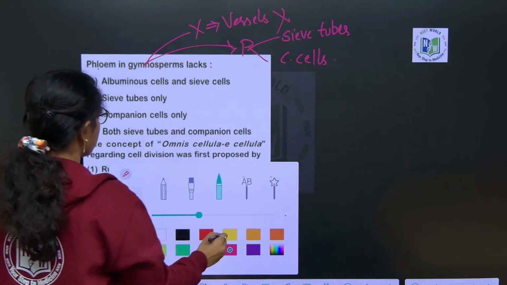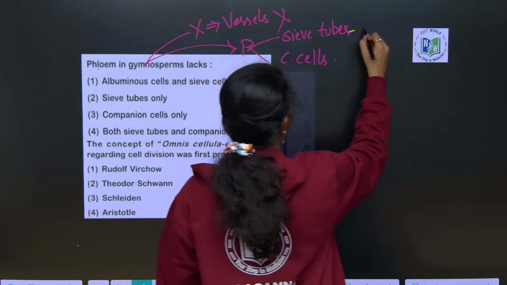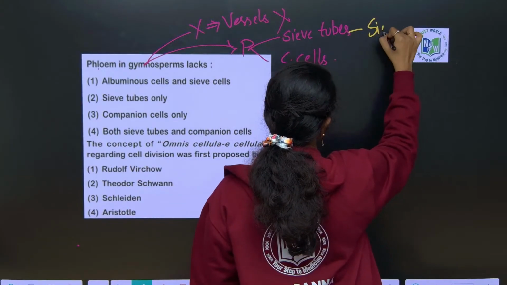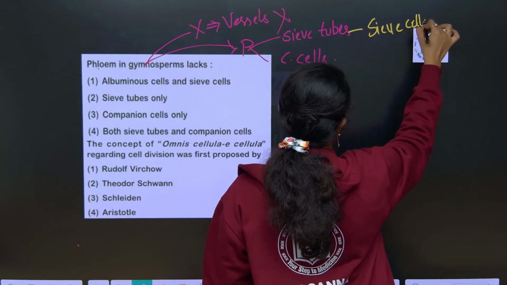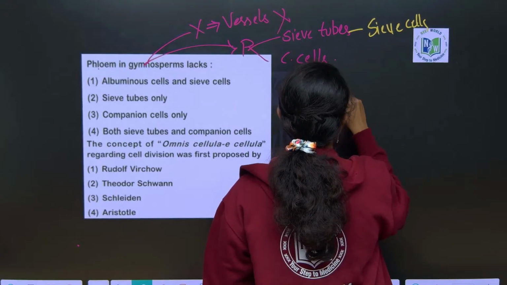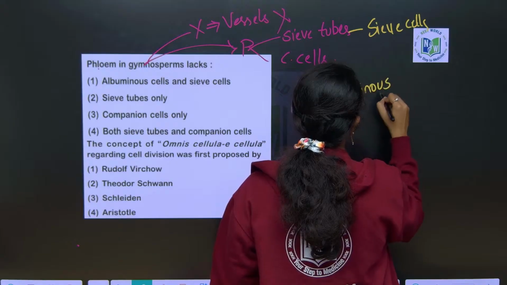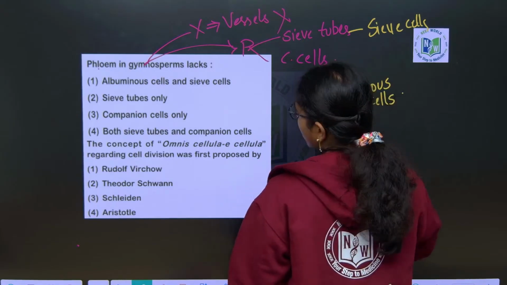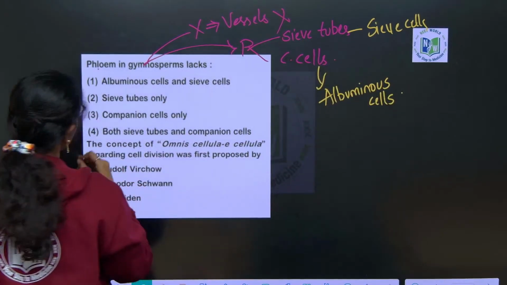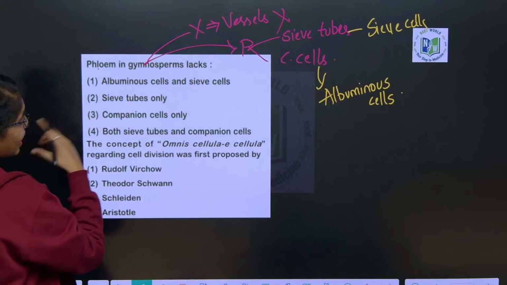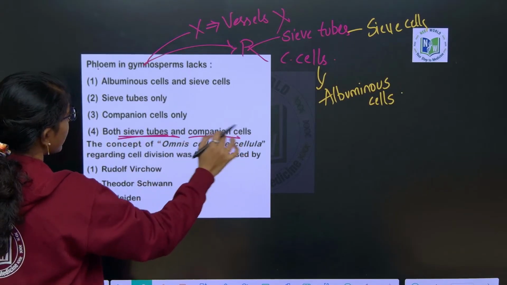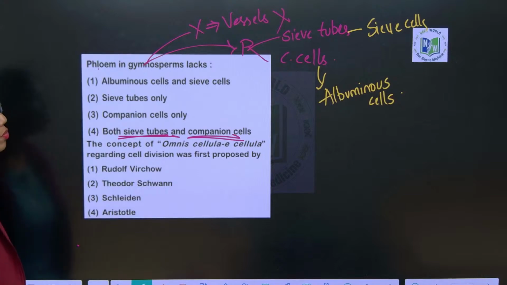Instead of sieve tubes, it consists of sieve cells. Instead of companion cells, it has albuminous cells. Clear? So yes, here phloem in gymnosperms will lack both sieve tubes and companion cells.